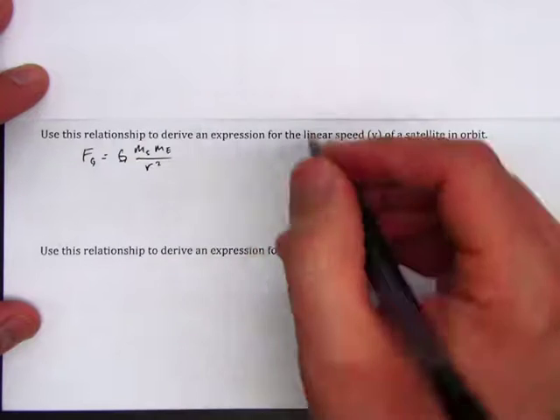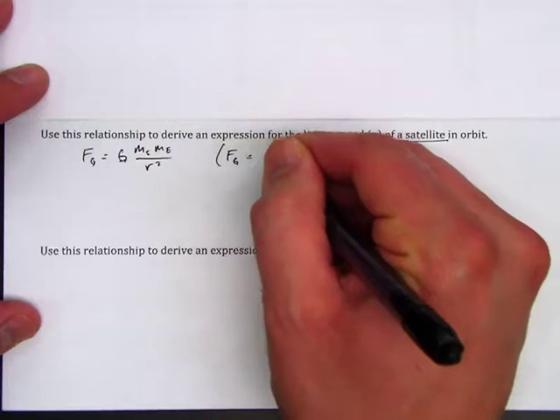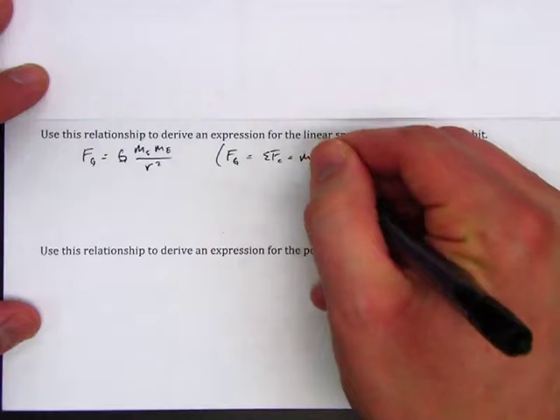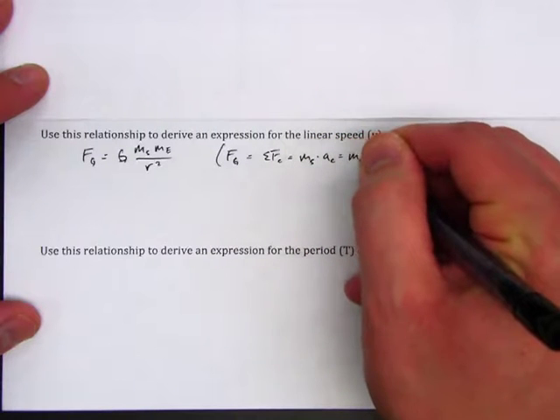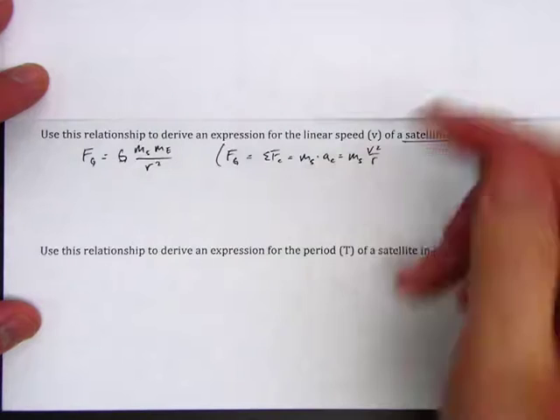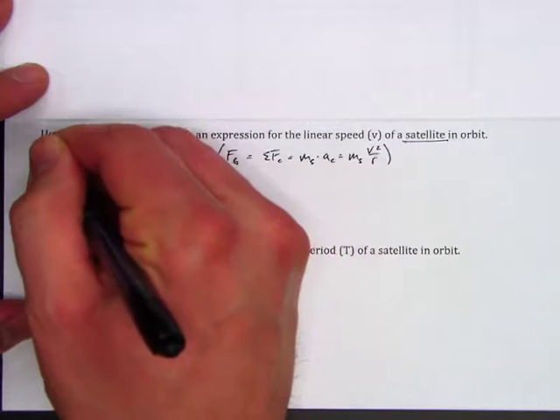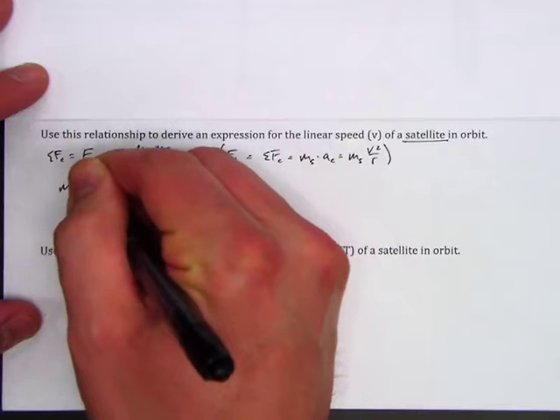Well, we also know that in a satellite, F sub g is a centripetal force, which is equal to the mass of the satellite times the centripetal acceleration, which is mv squared over r.